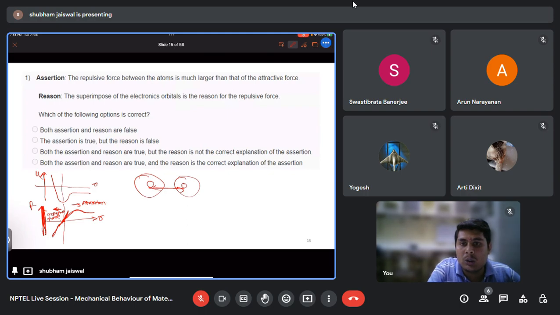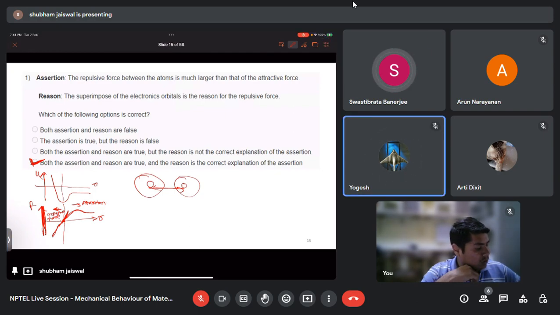So the assertion is that the repulsive force between the atoms is much larger than the attractive force, and the superimposing of the electronic orbitals is the reason for the repulsive force. Both the assertion and reason are correct, so the fourth option will be the correct one. Is it correct? Yes, sir.